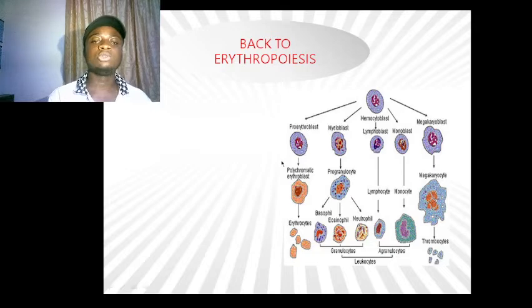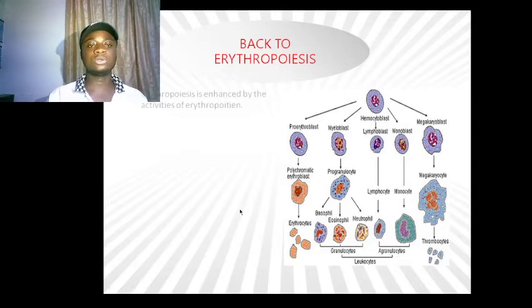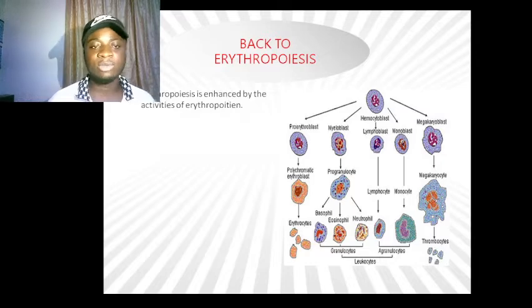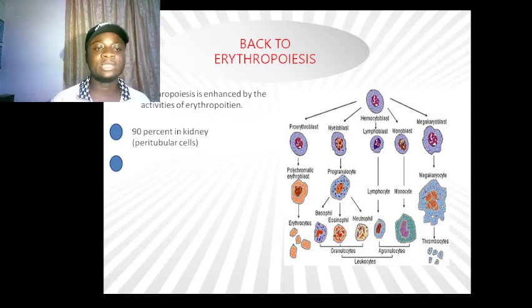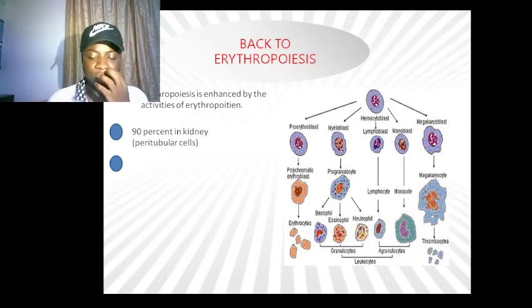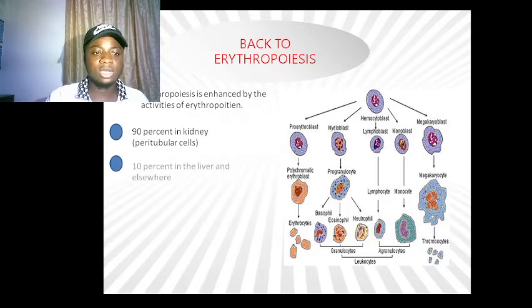Okay, erythropoietin can be found in the kidney. So erythropoiesis is enhanced by activities of this hormone called erythropoietin. And of course, 90% of erythropoietin is found in the peritubular cells of the kidney. Very important. And 10% in the liver and elsewhere.